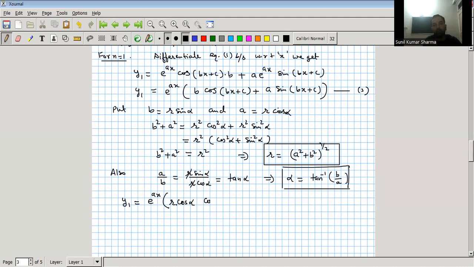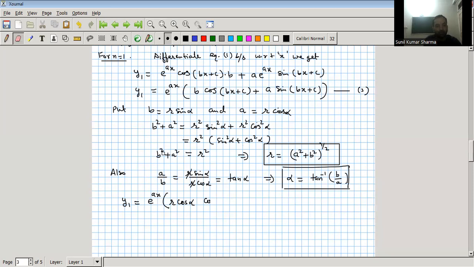So b square plus a square is r square sin square alpha plus r square cos square alpha, so we get r square. So r is equal to this.